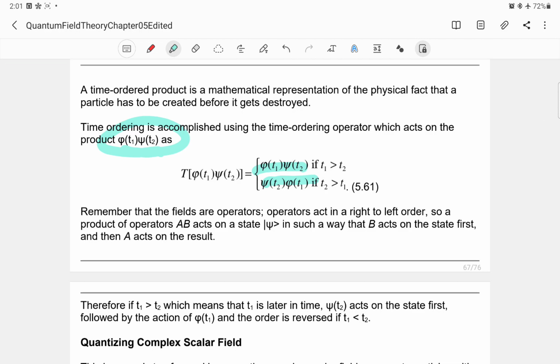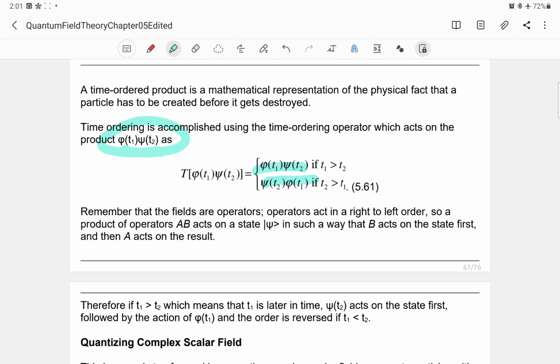Remember the fields are operators. Operators act in a right to left order, so a product of operators AB acts on the state psi in such a way that B acts on the state first, and then A acts subsequently on the result of B psi.